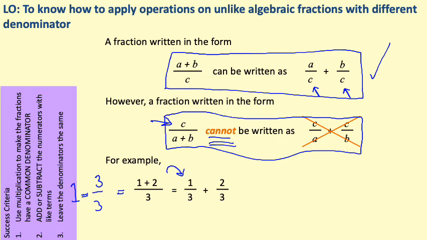So 1/3 add 2/3 does give us the 1. So that works. From our top example, our a is equal to 1, our b is equal to 2, and our c is equal to 3.